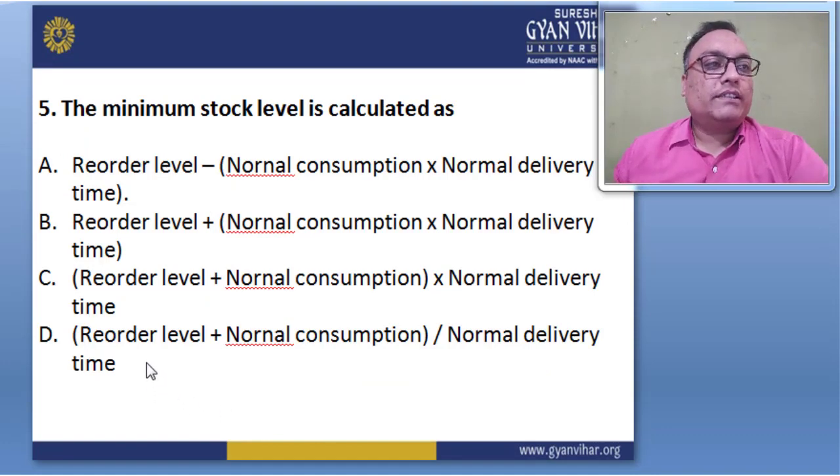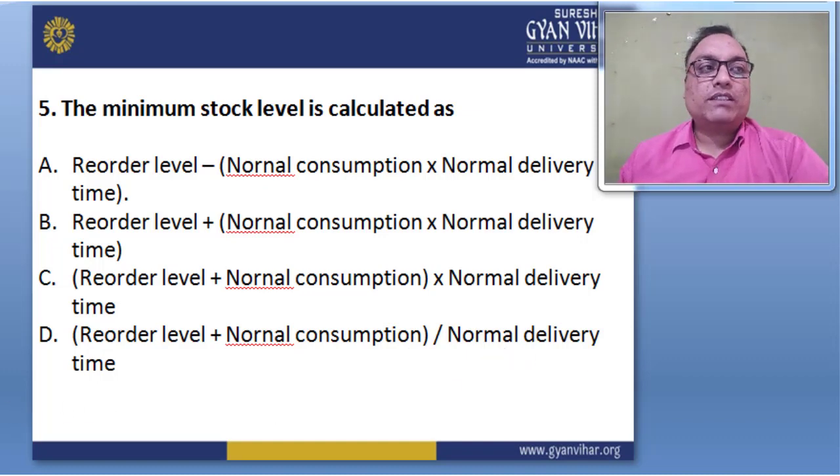This is the next question related to the MCQ: the minimum stock level is calculated as, option A, reorder level minus normal consumption into normal delivery time; second, reorder level plus normal consumption into normal delivery time; third, reorder level plus normal consumption and normal delivery time; and D option, reorder level plus normal consumption divided by normal delivery time.